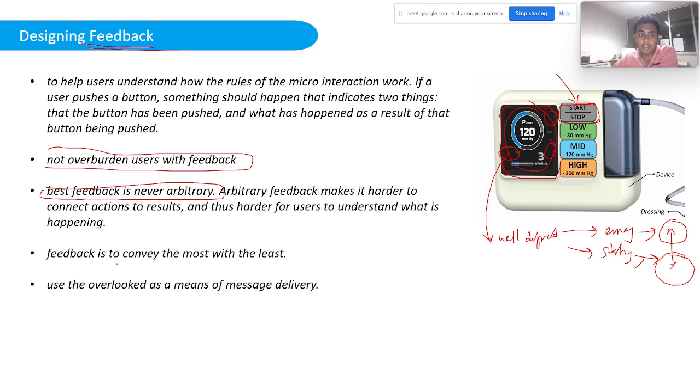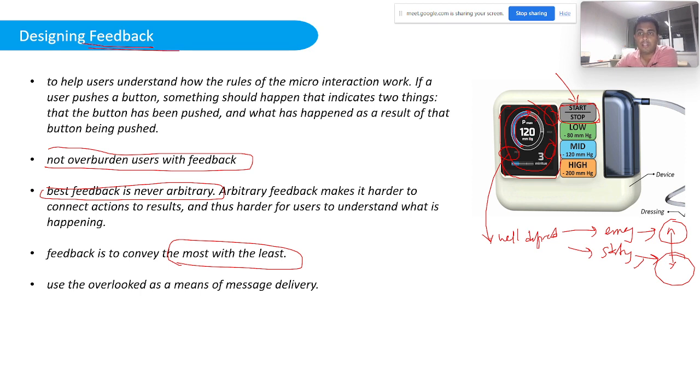Now feedback should convey the most with the least changes. For example, when the system is running, instead of disclosing a lot of information, only changing this particular blue strip will probably give the indication that the system is now running.